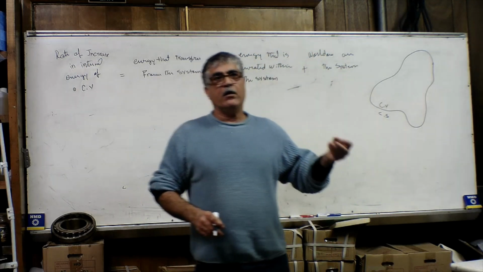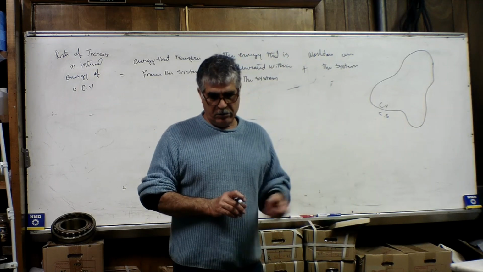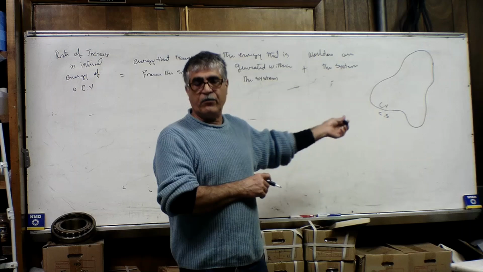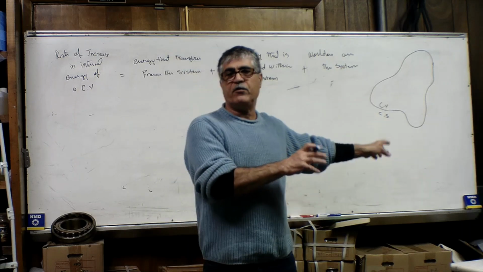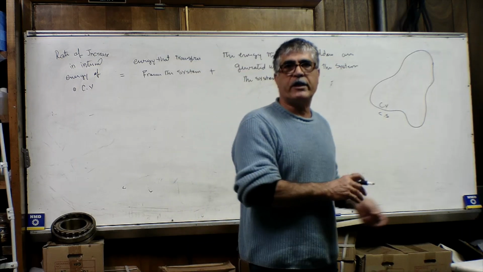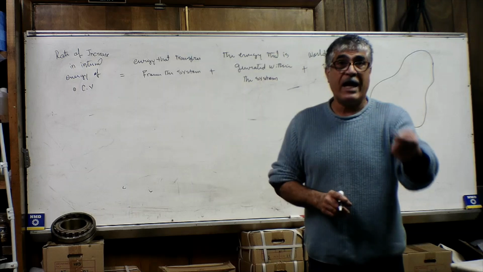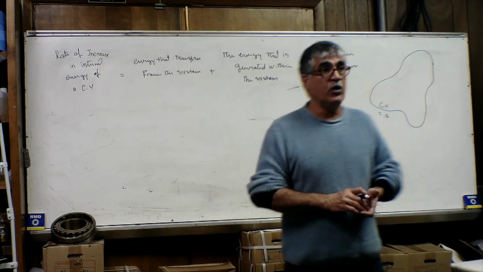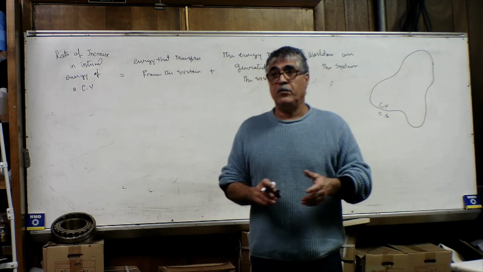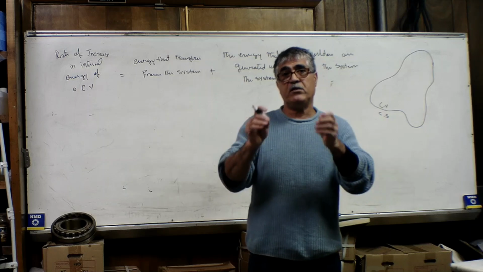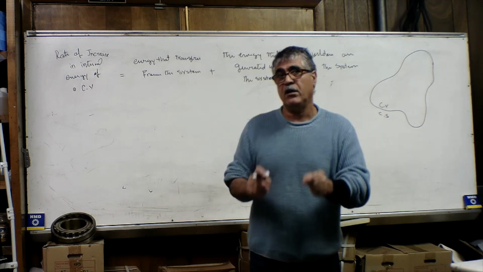Now, since we want to derive the differential equation for conduction heat transfer, our first assumption is our system is solid. Conduction heat transfer means heat transfer within a solid.